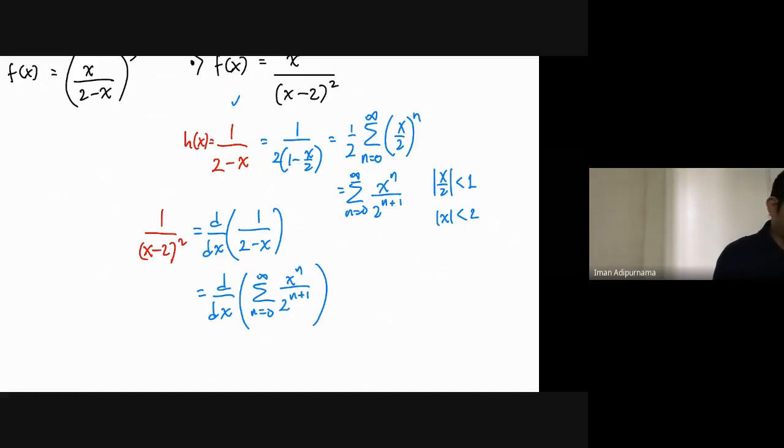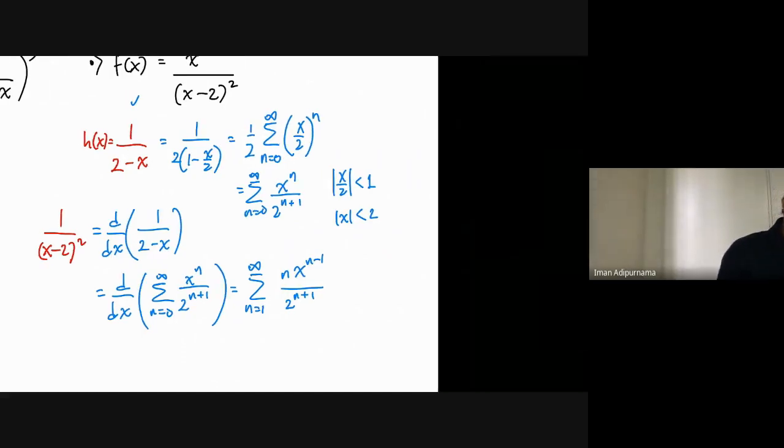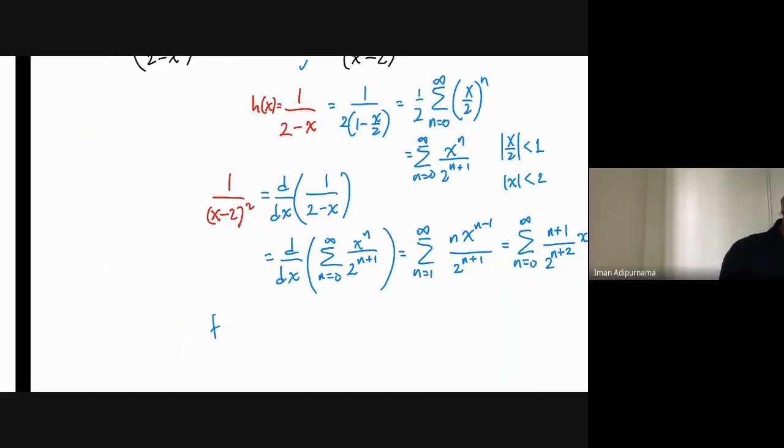So it will be n, and then x to the n minus 1. And maybe we can shift back to 0 one more time. And this will be n plus 1 over 2 to the n plus 2, and then x to the n. And the question is f is x cubed, right?